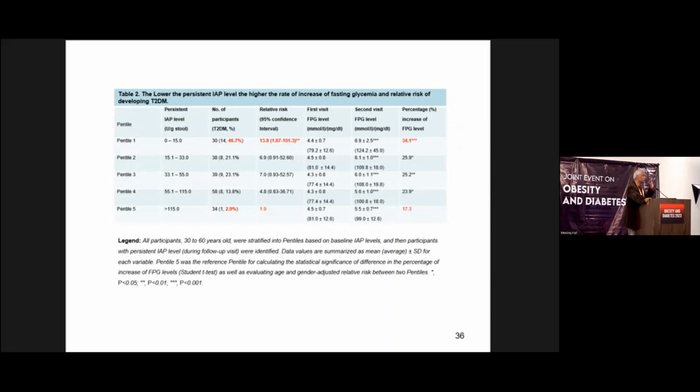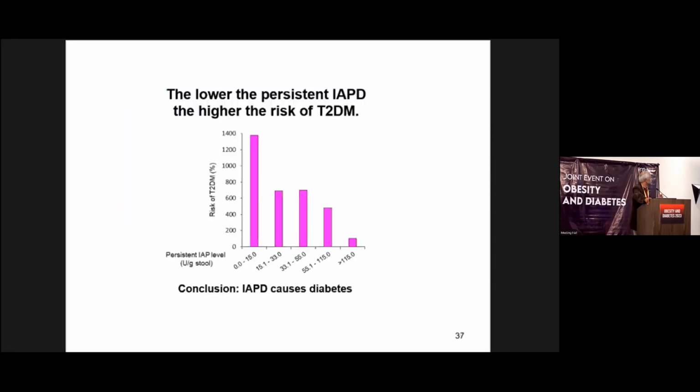If you see the glucose level, the rate of change of glucose level, which is double in quintile 1, and the rate in quintile 5, which is the highest IAP, is only 17. And this is the one, if you see.